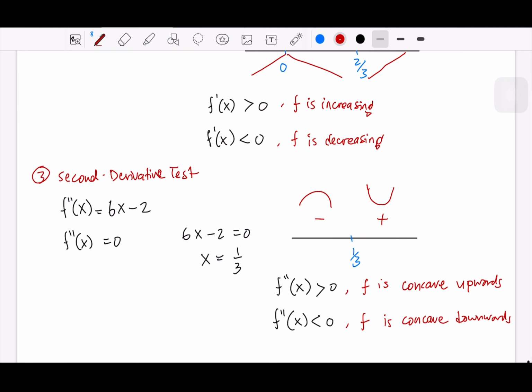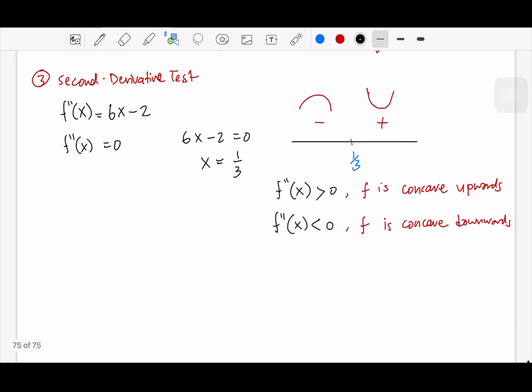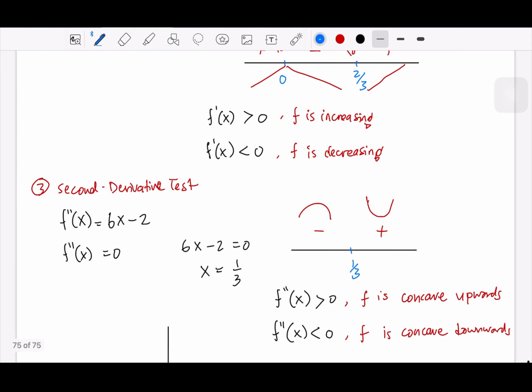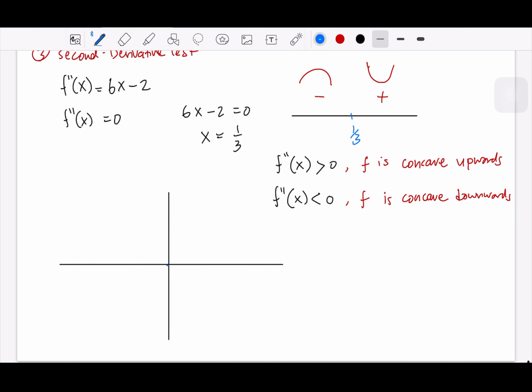So now we could draw our curve. We could sketch and try to identify all the components we have from the calculus parts, which is the first derivative, second derivative, the intervals, the local max, local min, the inflection point, and the concavity.